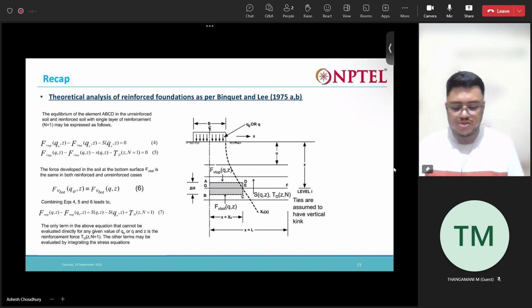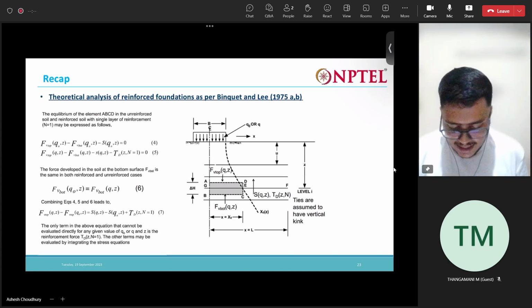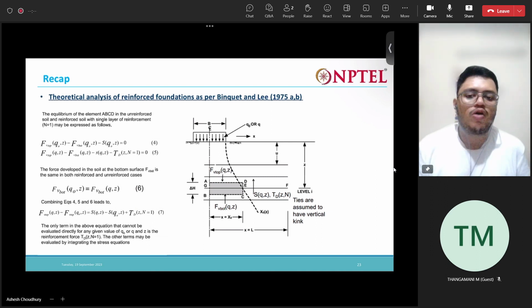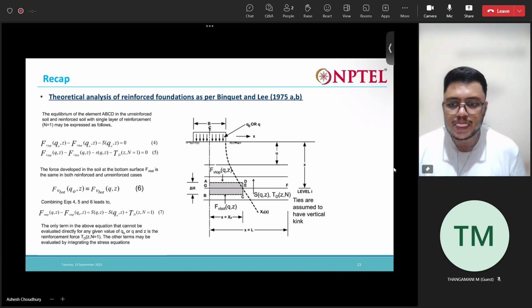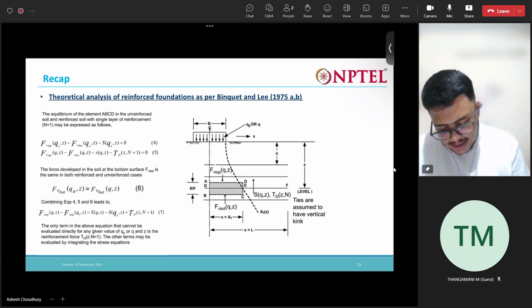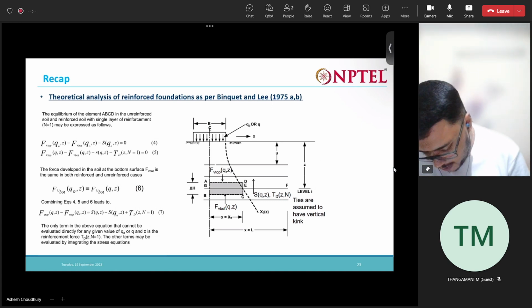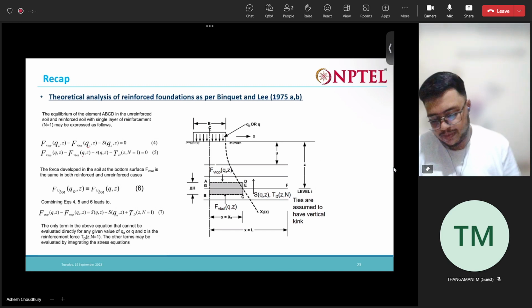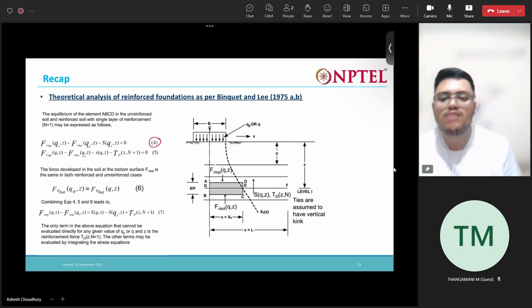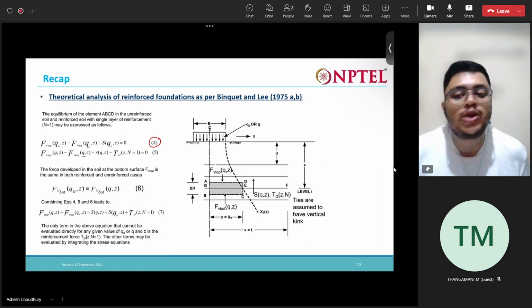Now what we can do is take the vertical force equilibrium of this element ADCB, and we'll get equations 4 and 5, right? Here you can see there are two terms, one where we are writing Q naught and one where we are writing Q. Equation 4 represents the vertical force equilibrium when there is no reinforcement.